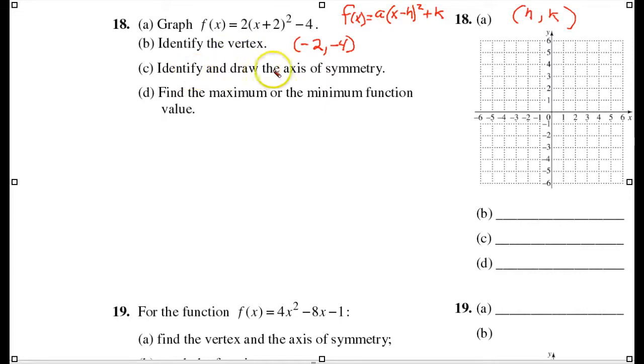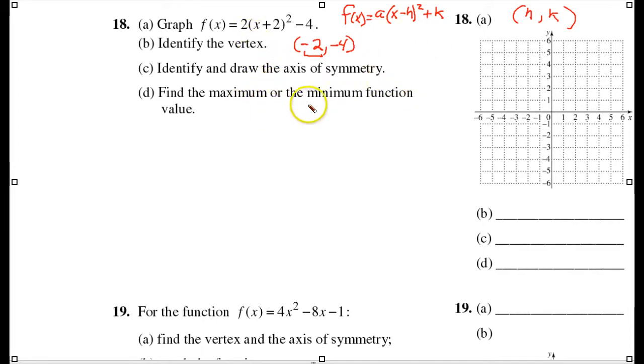Now, identify and draw the axis of symmetry. Well, the axis of symmetry by definition is our x term, which is right there. And find the maximum or minimum function.